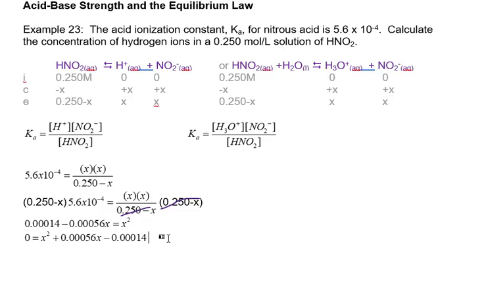It's been a while since we did one of these with the quadratic formula, so quick reminder what our quadratic formula is. Negative b plus or minus square root of b squared minus 4ac all over 2a. So we're going to plug in b is 0.00056, a is 1, and c is 0.00014. So we plunk that in, and then we solve it.